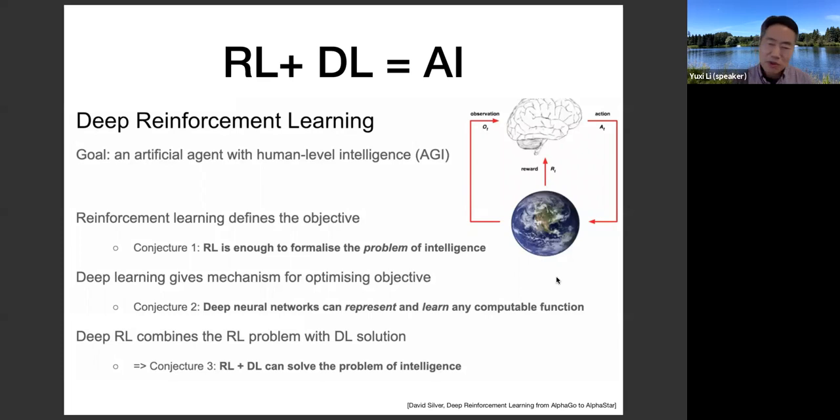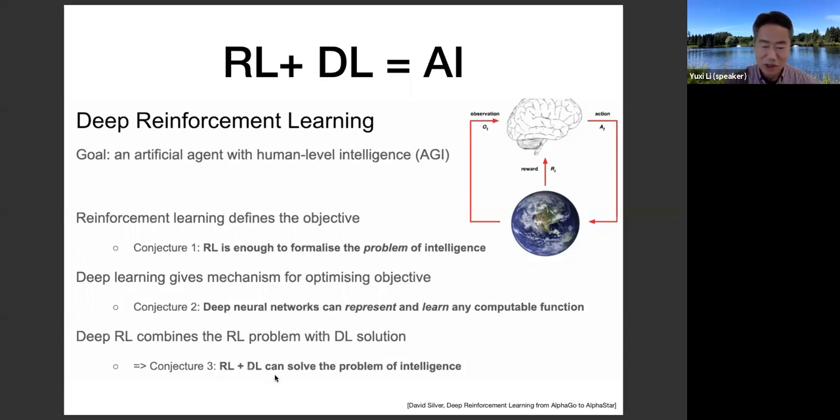David Silver gave a hypothesis, which basically says that reinforcement learning and deep learning can achieve AI. So we achieve AI by combining deep learning and reinforcement learning, basically deep reinforcement learning. Reinforcement learning is enough to formalize the problem of intelligence, and deep neural networks can represent and learn any computable function.